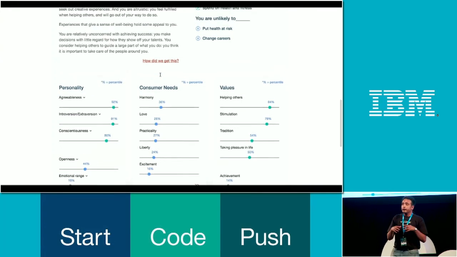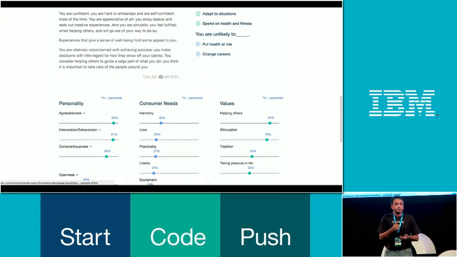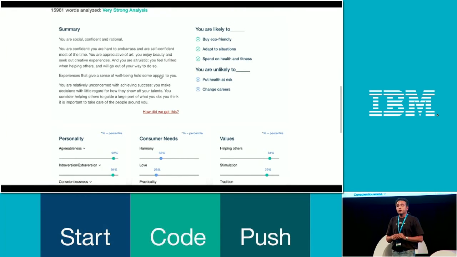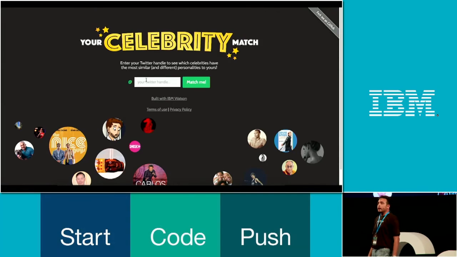Well, another interesting way to use this service is to find the best matching person for you. For example, to find the best matching agent. So I have an app here which finds the best matching celebrity for you, given a Twitter handle.